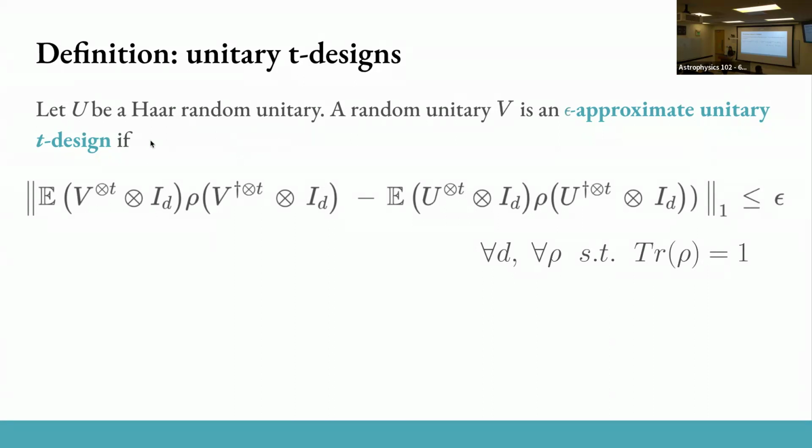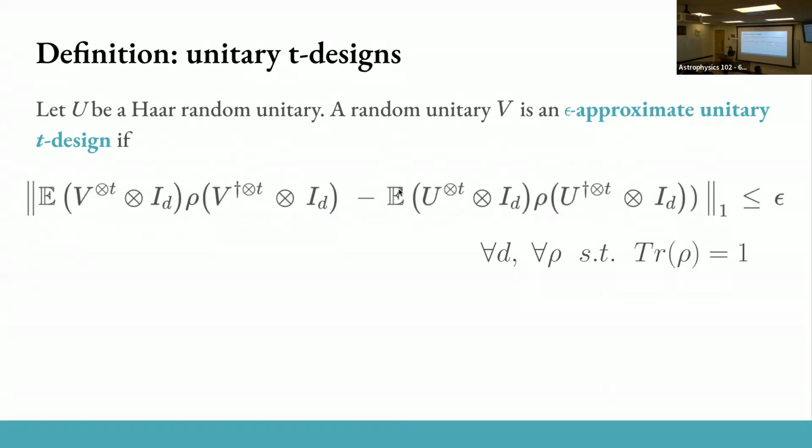Essentially, first you can just see that this is the difference between two objects. One of these objects focuses on the ensemble that we are creating, and it is taking an expectation value over the ensemble V that we are creating. And the other object that we are comparing it to is an expectation value over the actual Haar random ensemble.